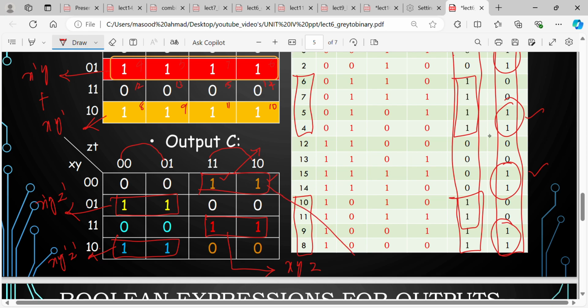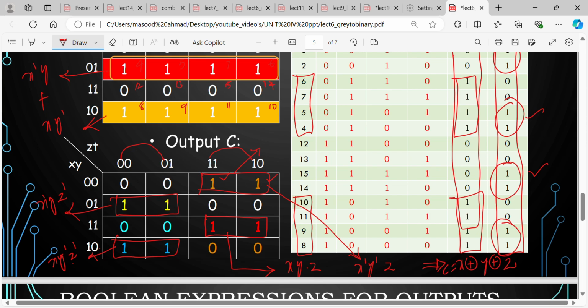Similarly, for this, what is the expression that I am going to get? I will get x bar, y bar, x bar, y bar. And what is common in these two? z. So with this, I can see that this is one term, this is another term, this is another term, this is another. Totally 4 terms are there, which all together is known as x exclusive or with y, exclusive or with z. Okay, this is the expression for C.